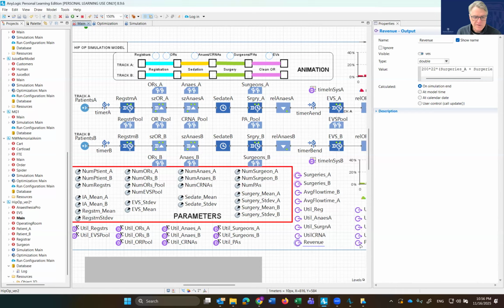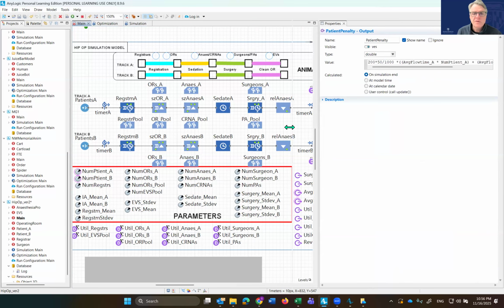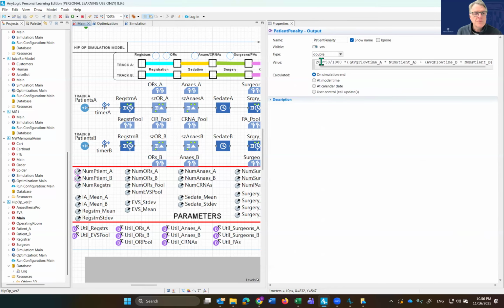And then for this penalty term, patient penalty, let me just expand this so you can see what's going on. For each day, paying $50 per flow time minute, dividing this by 1,000 because all of these numbers are in thousands. And then instead of just using the surgeries, I'm multiplying by the number of patients that you actually schedule.